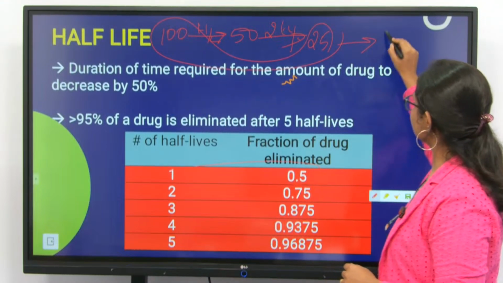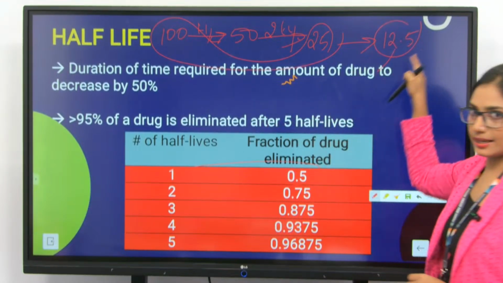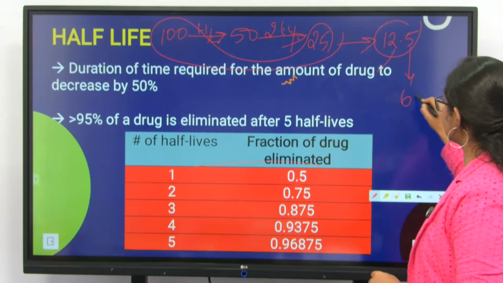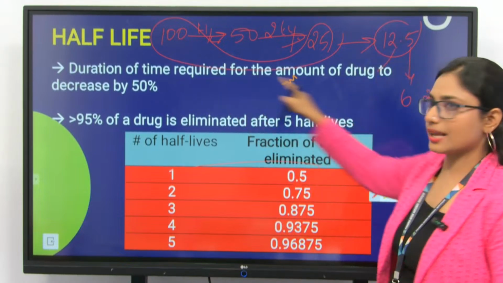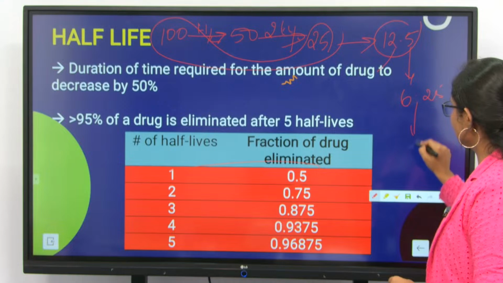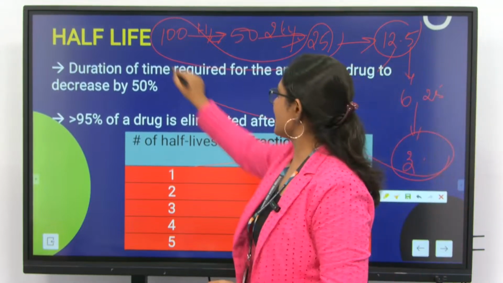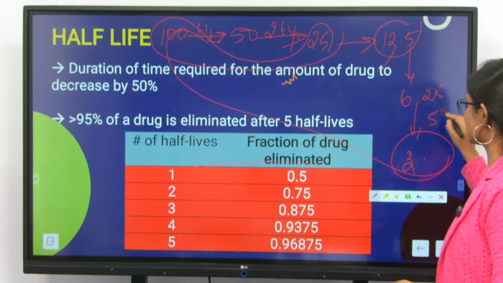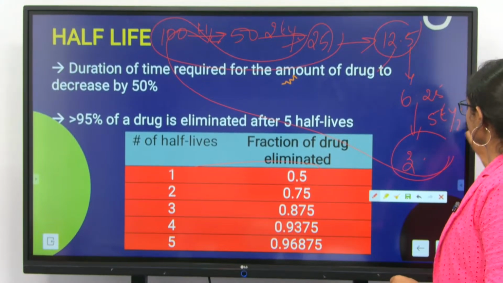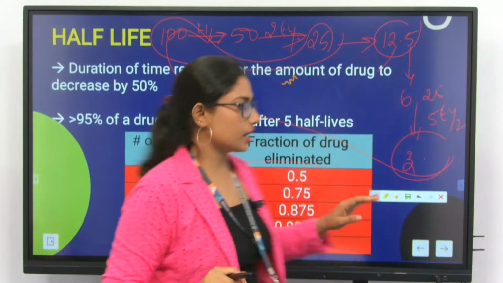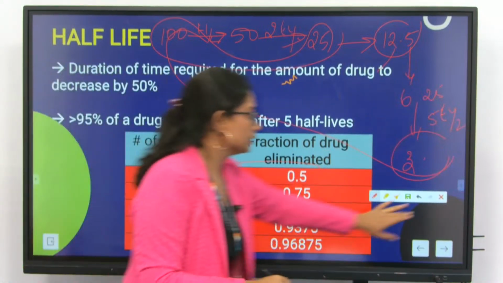The next T half, that is 12.5, almost 87% got excreted out. The next T half, it is 6.25. See, almost 93% got excreted out. In the fifth T half, almost 97% of the drug got excreted. So almost 97% of the drug gets excreted after the fifth T half. So that is half-life.